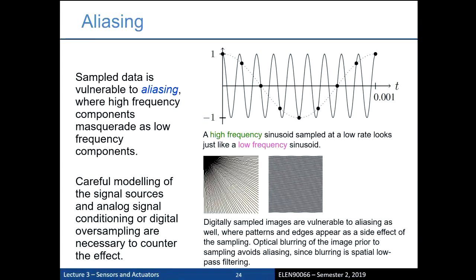Okay, that's typically the first thing we do with sensors. Whack a low-pass filter, get rid of any things like vibrations or high-frequency noise. Digital oversampling is also a way of getting around that. Once again, it's not a digital signal processing course, so you can Google digital oversampling and see how that works in order to reduce aliasing.